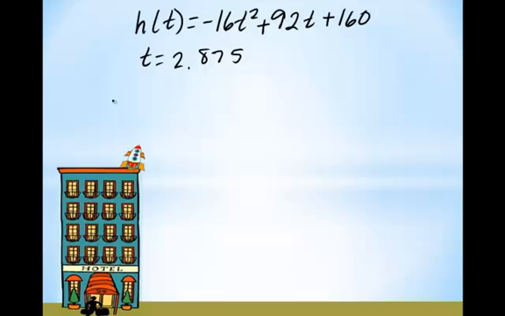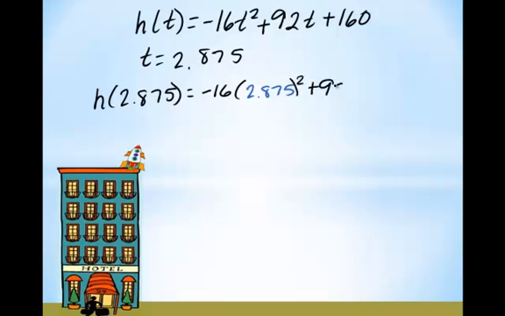So I can say that the height reached after 2.875 seconds is equal to negative 16 times 2.875 squared plus 92 times 2.875 plus 160. First thing I need to do is work with my parentheses on this exponent right here.